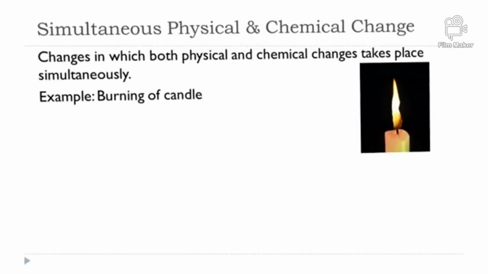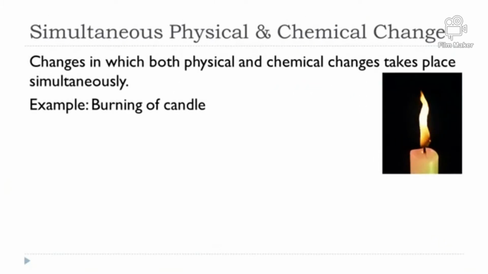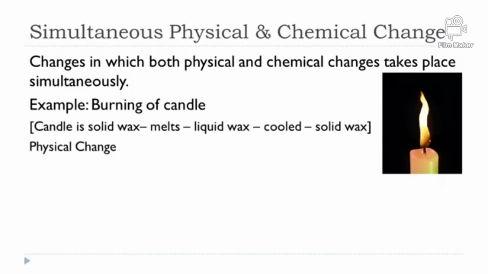Now, there are some simultaneous physical and chemical changes which occur in some conditions. Like, there are changes in which both physical and chemical changes take place simultaneously. Example is burning of a candle. Here, the wax melts and becomes liquid wax, which when cooled can again solidify to become solid wax.